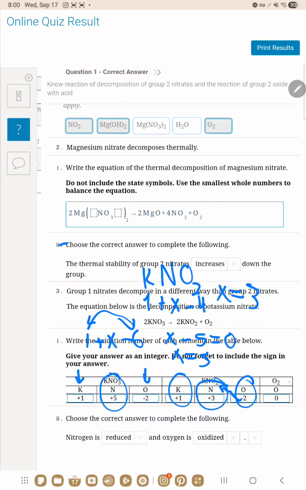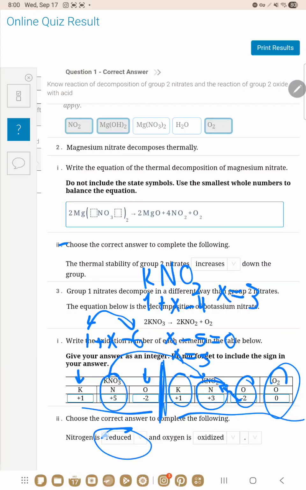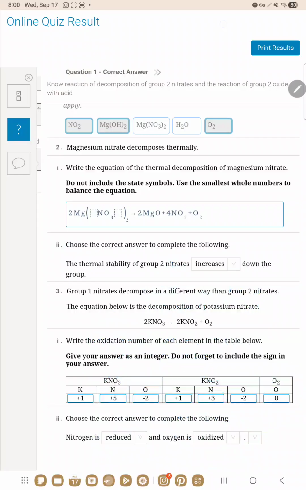And O2, since it is just like an atom, it's 0. So nitrogen, what happened to it? This was the reactants and this is the products. Nitrogen went from being +5 to +3, so it got reduced. Oxygen went from being -2 to 0, so it got oxidized because it got bigger.